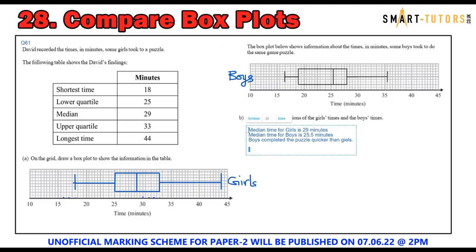You need to compare the median. Now I'm going to be using the IQR for the girls. We already found out upper quartile 33 and lower quartile 25 gives 8. So the width of the box plot is 8.